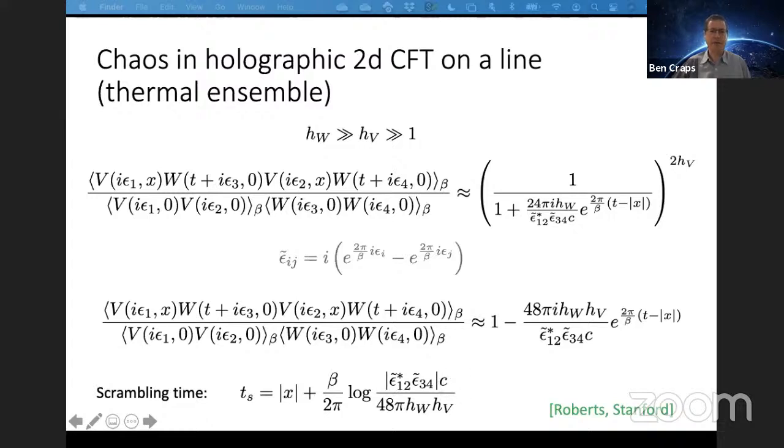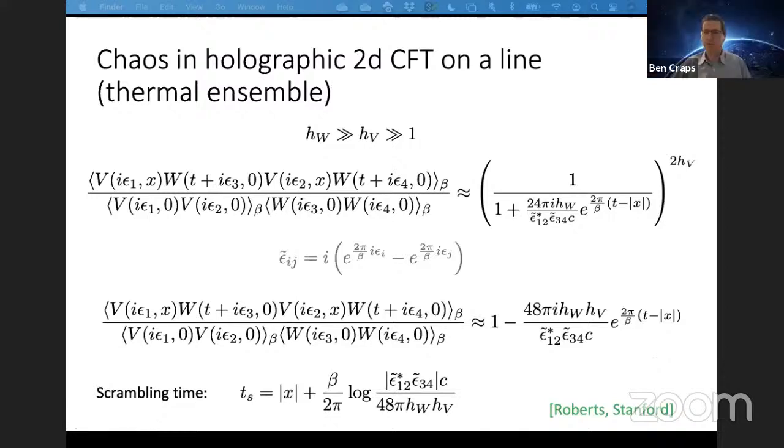And I should have said that I'm always working for large central charge because I'm assuming that I have a holographic 2D CFT.